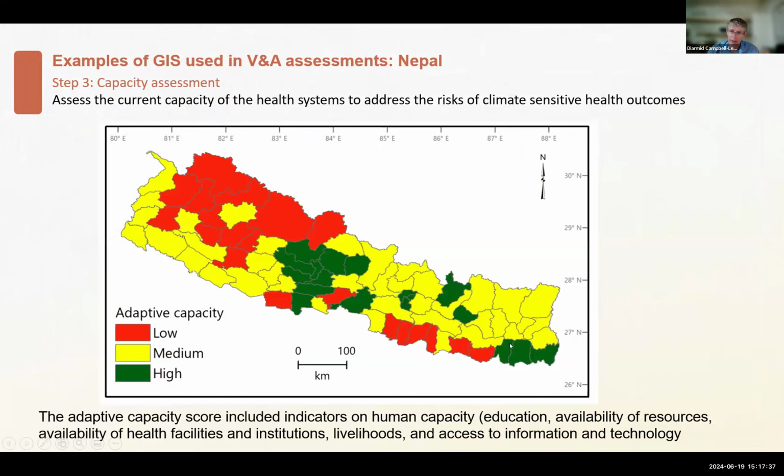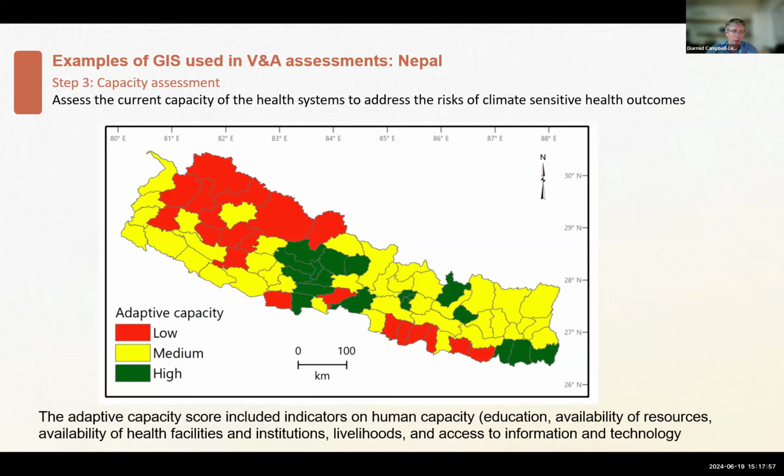Moving forward then further, I've given quite a lot of examples for that stage 2, which we think is probably the main area in which it can be used. But if we want to understand the capacity of the society or the health system to respond, we can also use GIS for that.